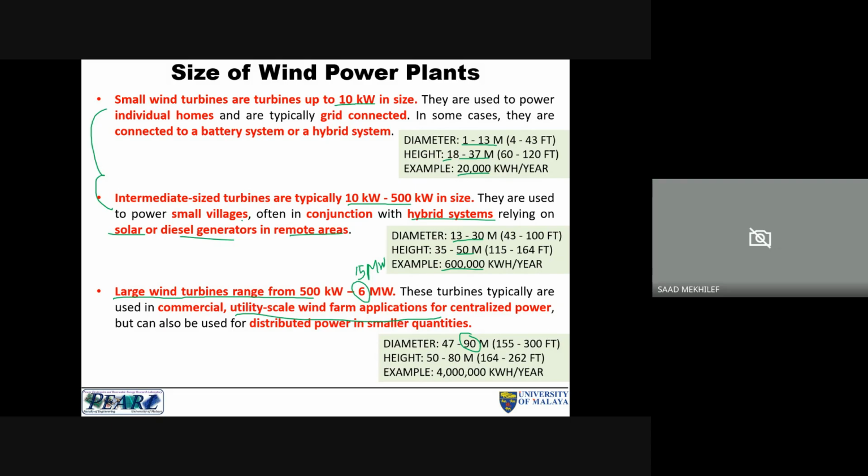And even the cost, like we talked about the central inverters and the micro inverters, when you have single large wind turbines the power density is very high, and the cost will be lower compared to smaller wind turbines.